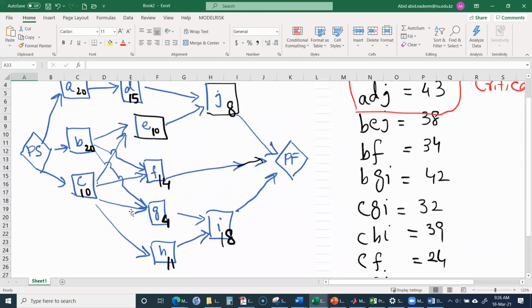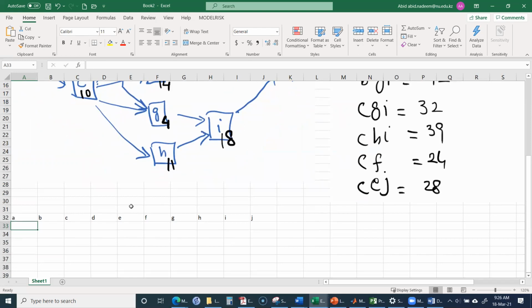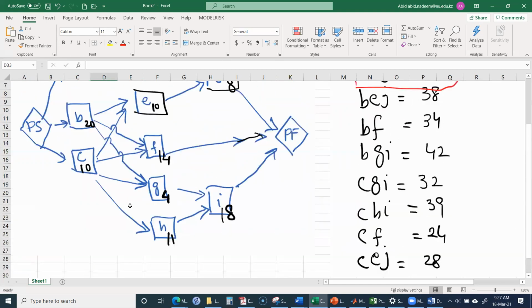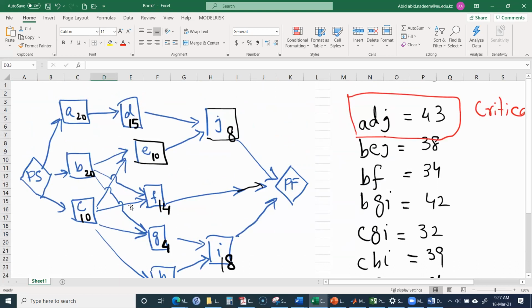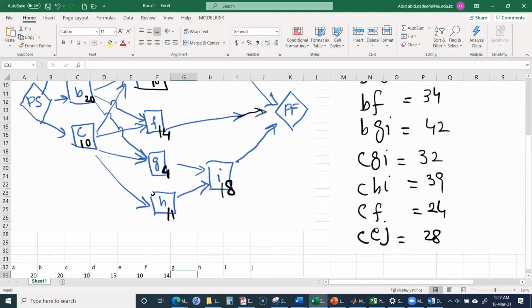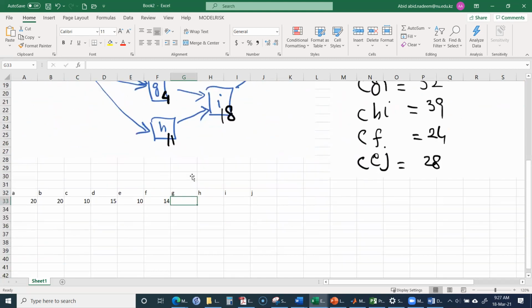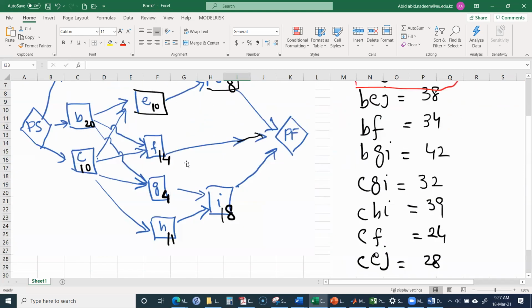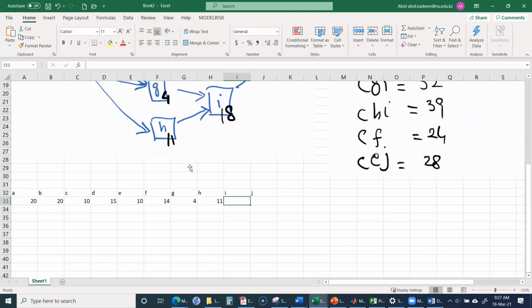A is 20, 20, 10. D is 15, 10, 14. G is 4, 11. And then I is 18, 8.